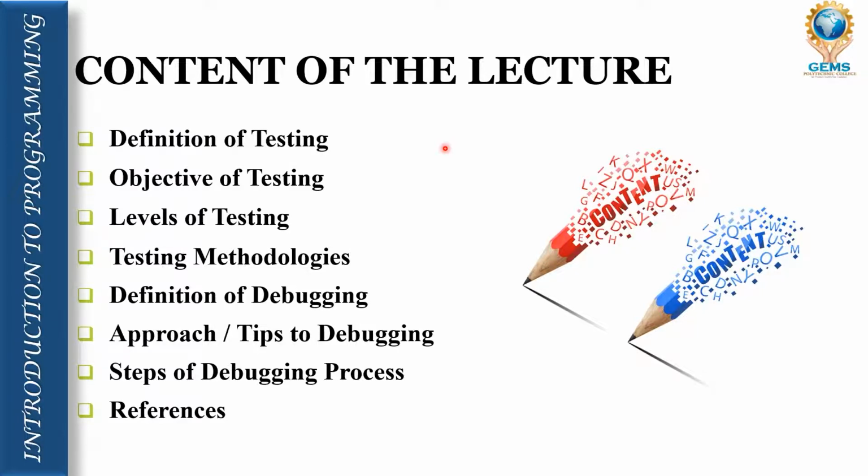Then we will see the definition of debugging and steps of the debugging process. Lastly, I also touch on approaches and tips for debugging. That means how we are going to debug, and what tips or approaches we have for debugging. So these are the contents we will see in today's lecture.